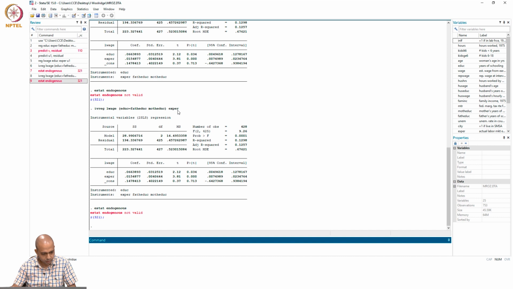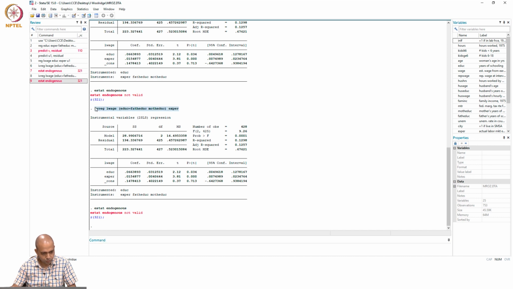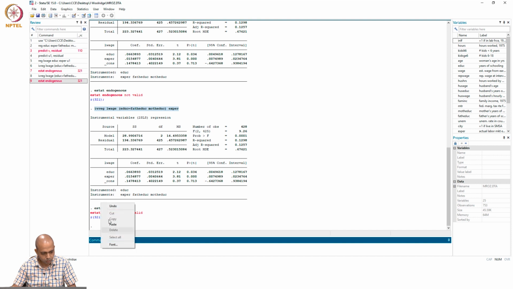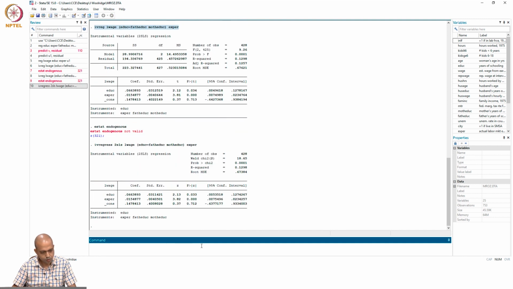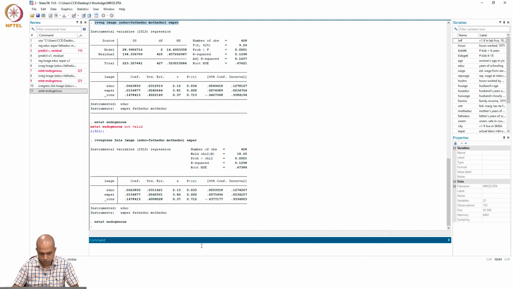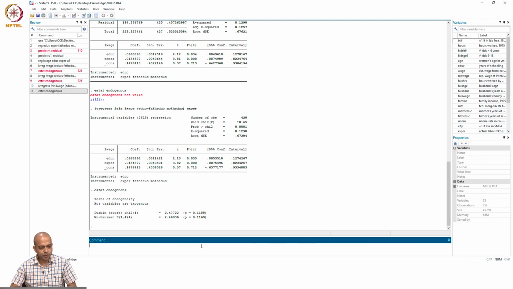Okay, instead of ivreg, we will use ivregress 2sls. Then this estat endogenous command is working.